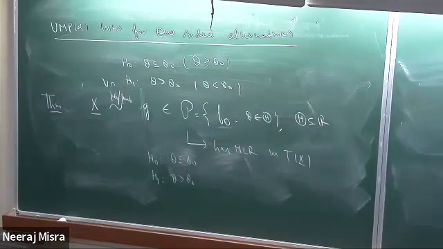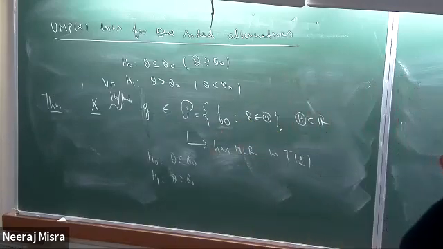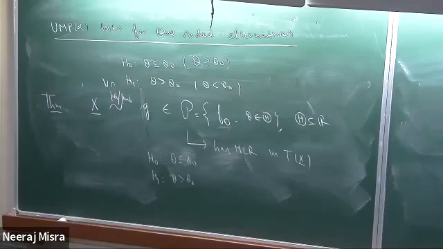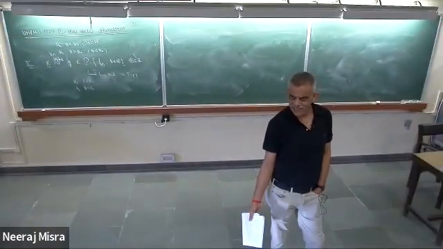MLR means larger values of theta should get reflected in the larger values of T. Your alternative says, under alternative, theta is large, right? Theta bigger than theta naught. So that means larger values of theta are falling under alternative hypothesis. And since my family has MLR in T of x, that should get reflected in the sample through larger values of T.